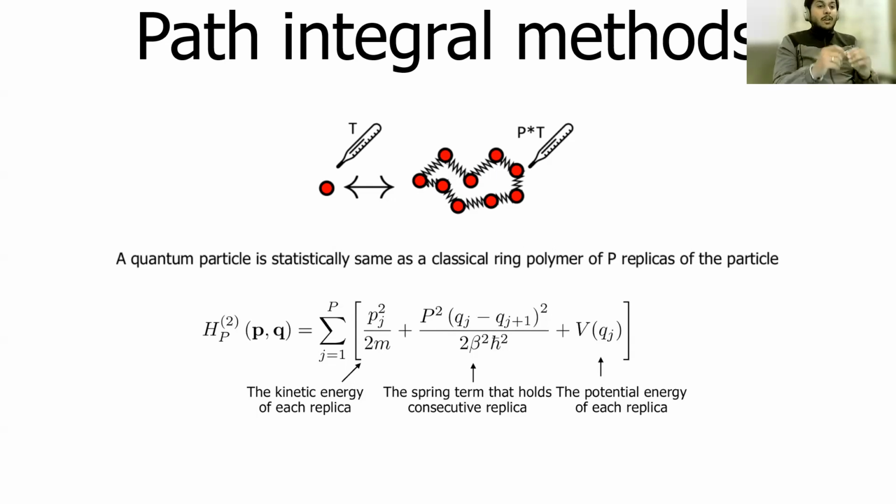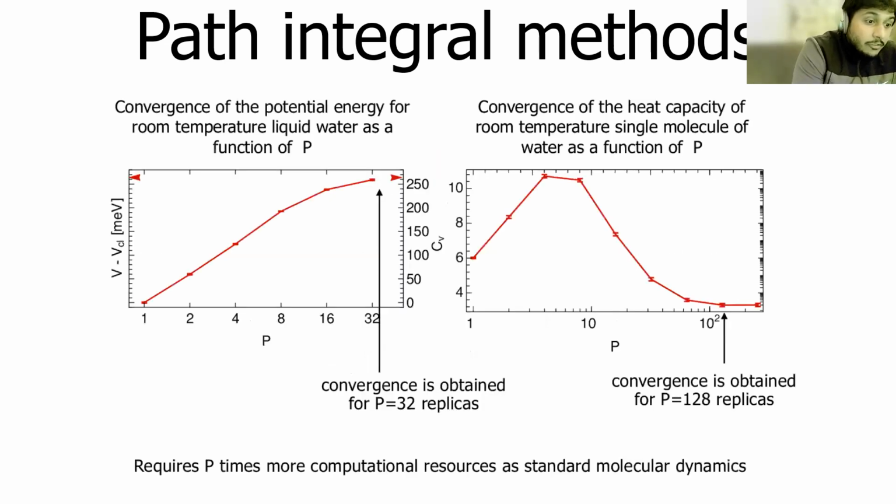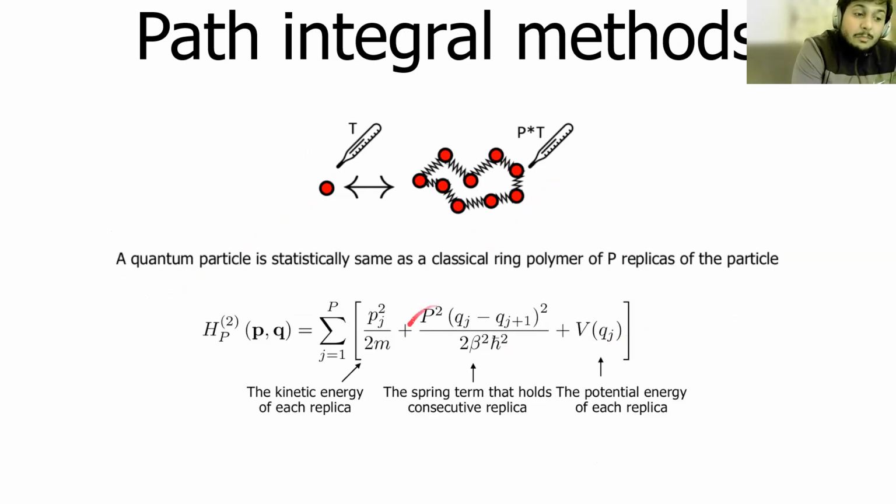So by replacing one particle with this chain of particles, which are not completely independent, you can get, let's say, the delocalization of atoms in your simulations, right? Now, there's only one catch, which is that it is exact in the p tending to infinity limit, and generally to make this work, you have to converge the value of p for a real system.